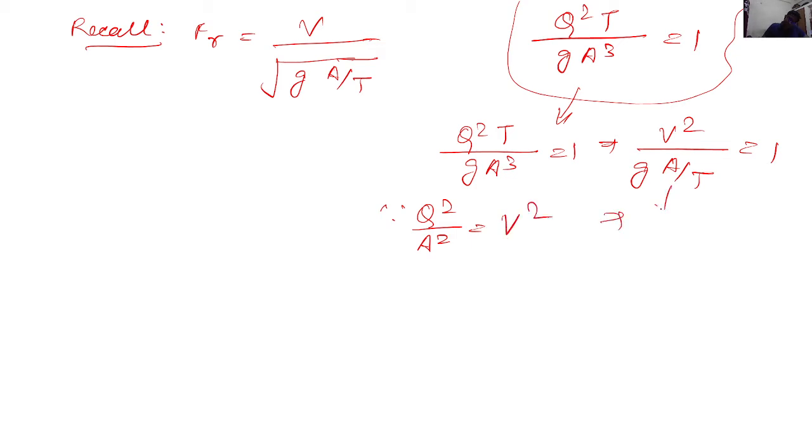So this is nothing but the Froude number square is equal to 1. So this would mean that critical flow corresponds to the minimum specific energy, and at this condition the Froude number of the flow is unity.